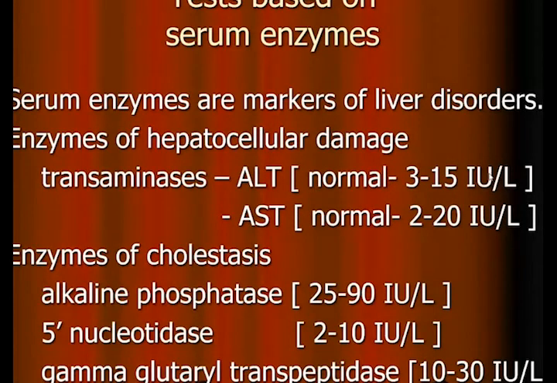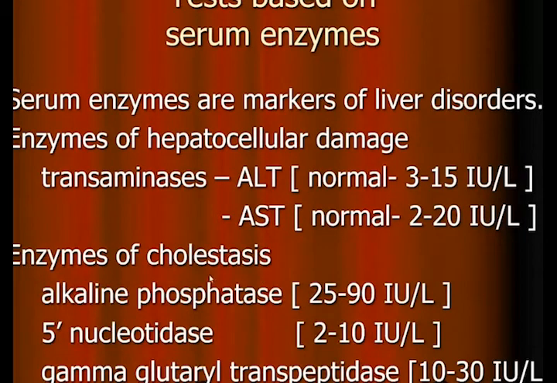So what is the normal level? Alanine aminotransferase will be 3 to 15 international units, and aspartate aminotransferase will be 2 to 20 international units per liter. And what are all the enzymes of cholestasis is obstructive. Cholestasis means obstruction.